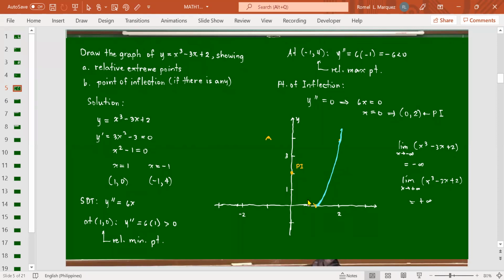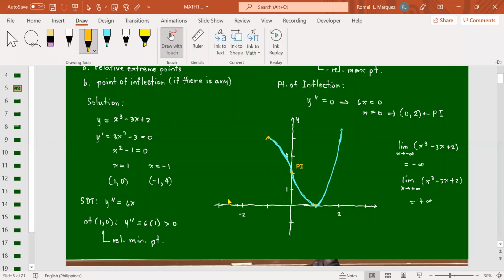Increasing here, decreasing here. Relative minimum here, then change concavity, going like that.